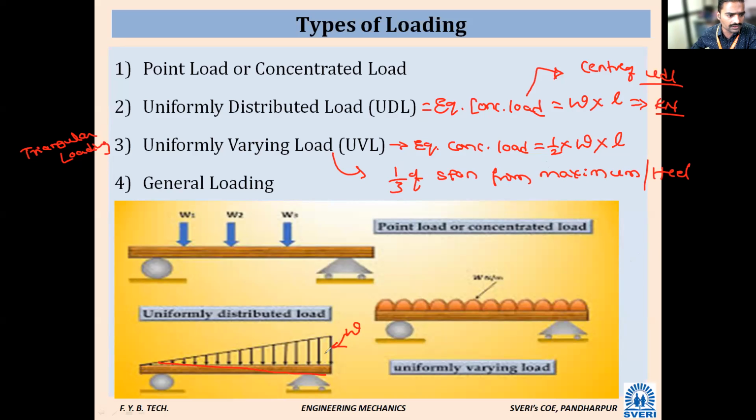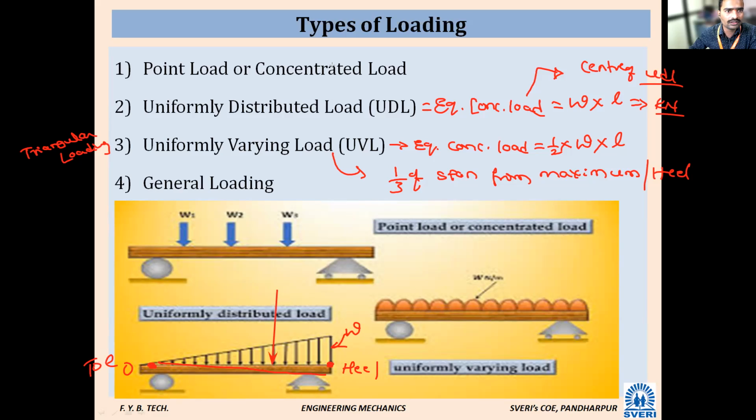In this figure, this is zero loading, this is maximum loading. This is called the heel and this is called the toe. The equivalent load will act at this point.